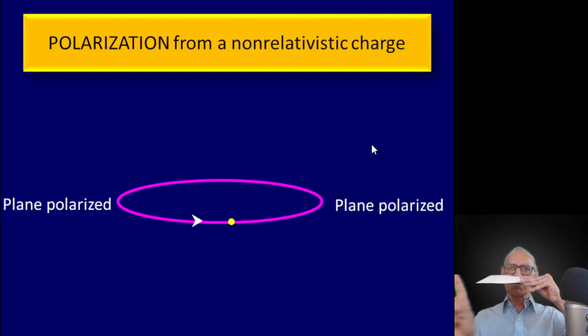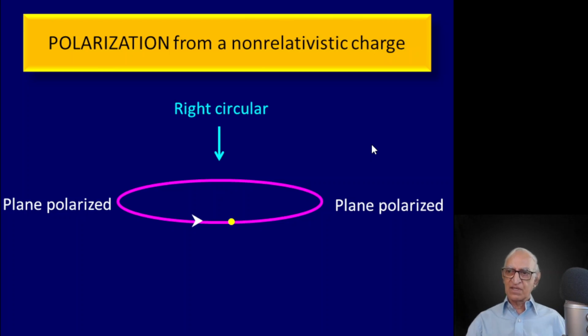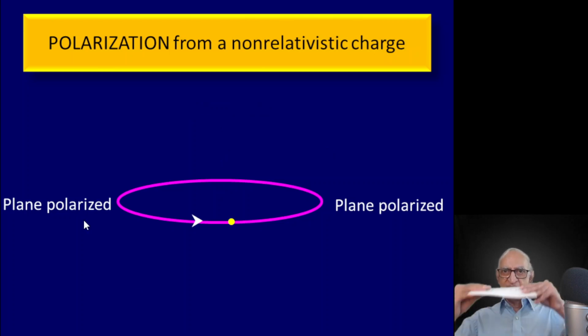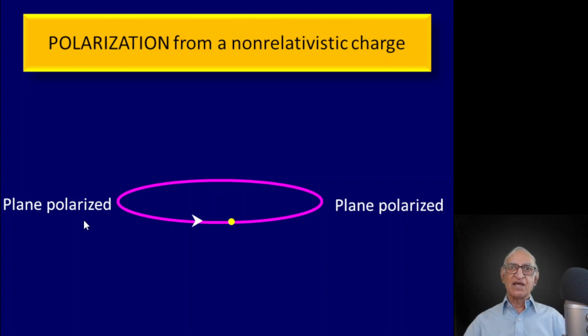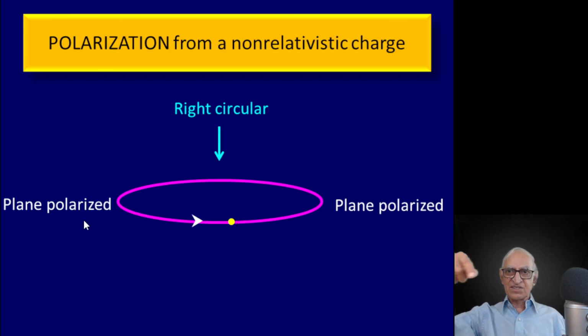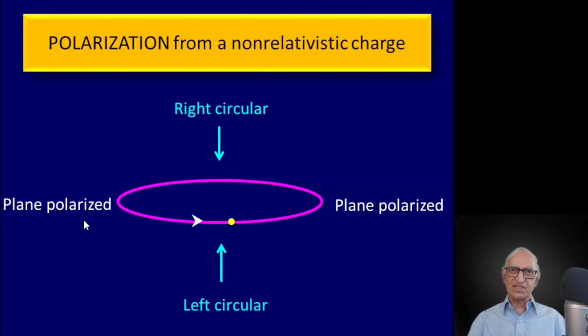I will see only the particles going left and right, left and right, left and right. Actually, they're going round and round, but for you, it will appear like a simple linear motion. Therefore, the polarization will also be linear. It'll be plane polarized radiation. So if I look in the plane of the orbit, no matter from where I look, I will see linearly polarized radiation. Now let us say I look from above the table. I will see right circular polarization. If I look from below the table, I will see left circular polarization.